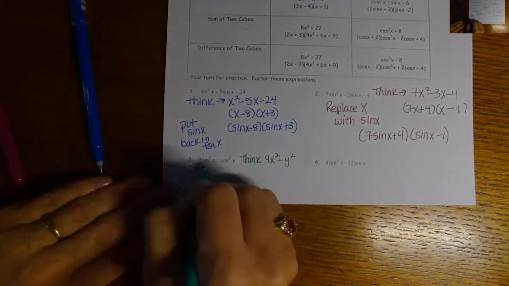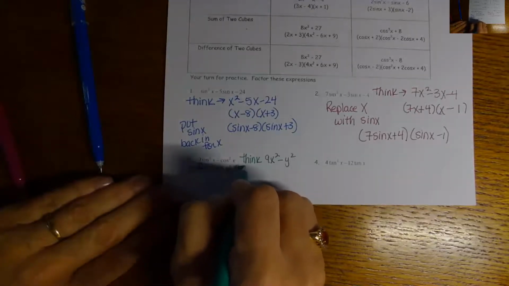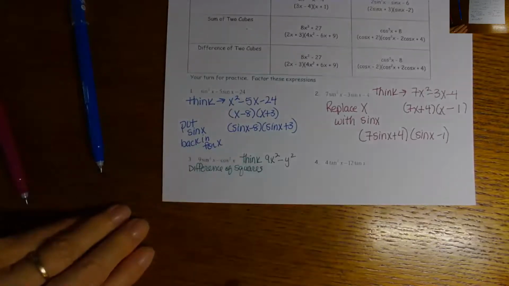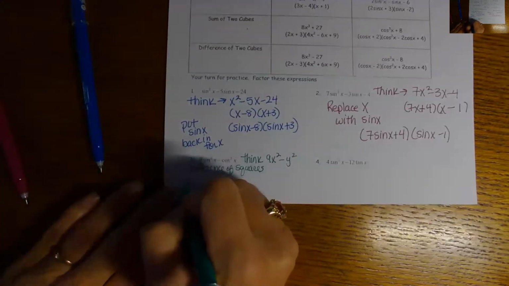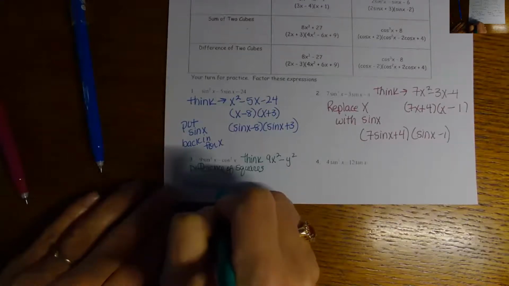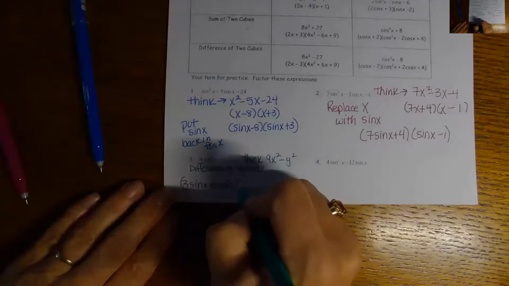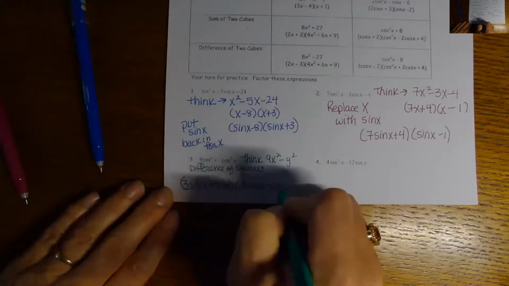That is a difference of squares. And we know the pattern for a difference of squares: 3x plus y, 3x minus y. So that's going to be what? 3 sine x plus cosine x, 3 sine x minus cosine x.